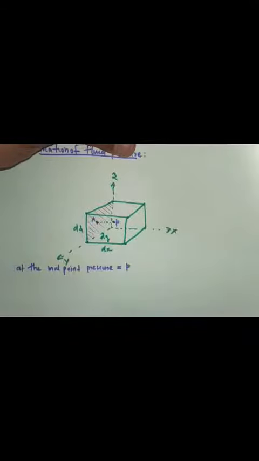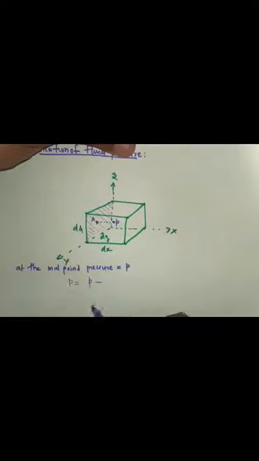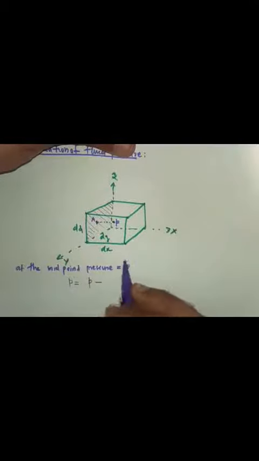At the left end, the pressure is P equal to this small p minus the change in the pressure with respect to the x direction, that is, dou P by dou x, into that distance.